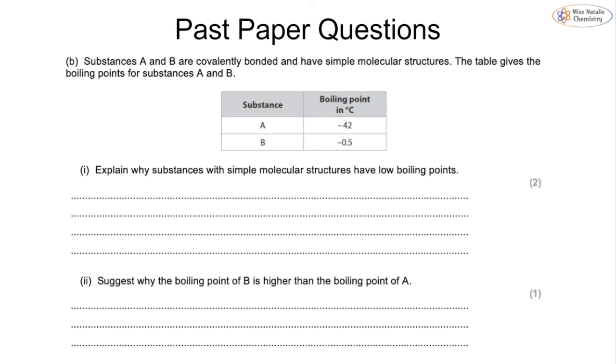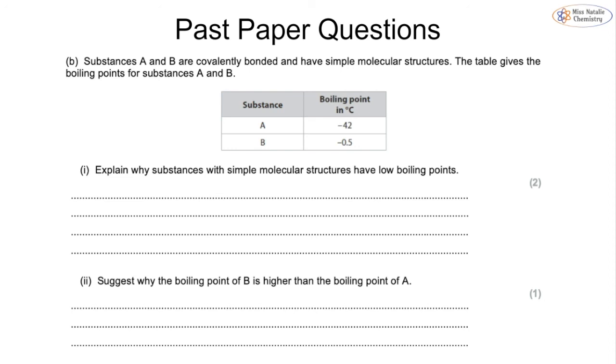Now we've got substance A and substance B, and we're told that they are both covalently bonded and they have simple molecular structures. And the table gives us the boiling points between A and B. So A is negative 42 degrees Celsius and B is minus 0.5. So firstly, we want to explain why substances with simple molecular structures have low boiling points.